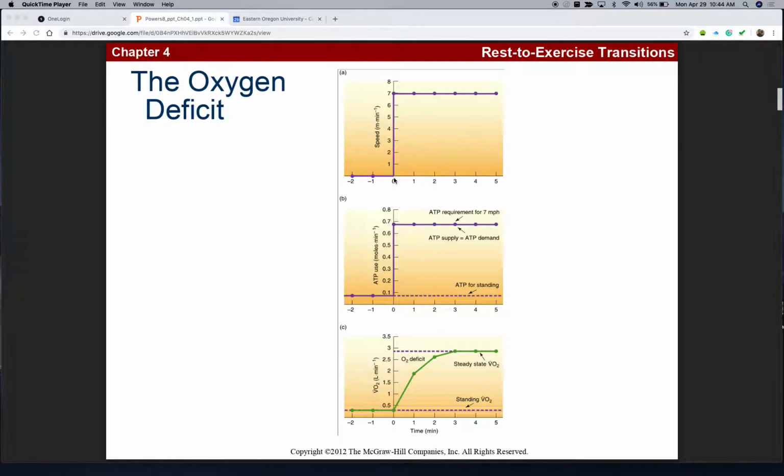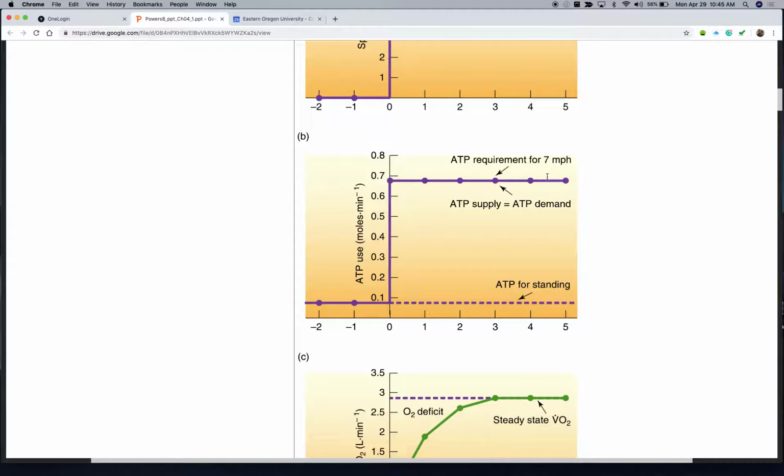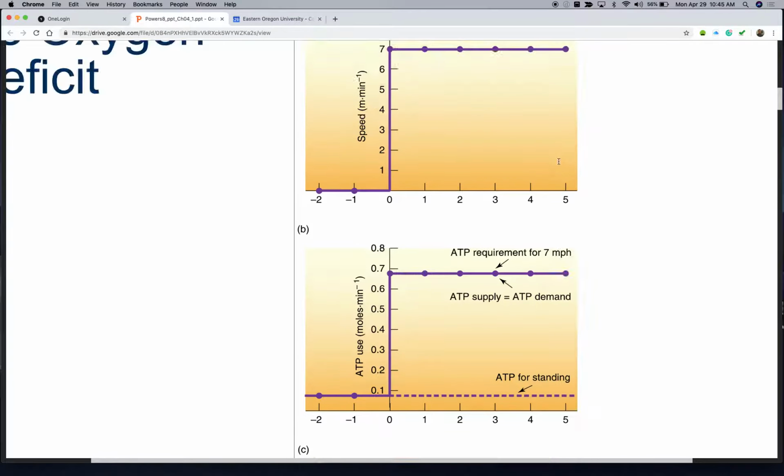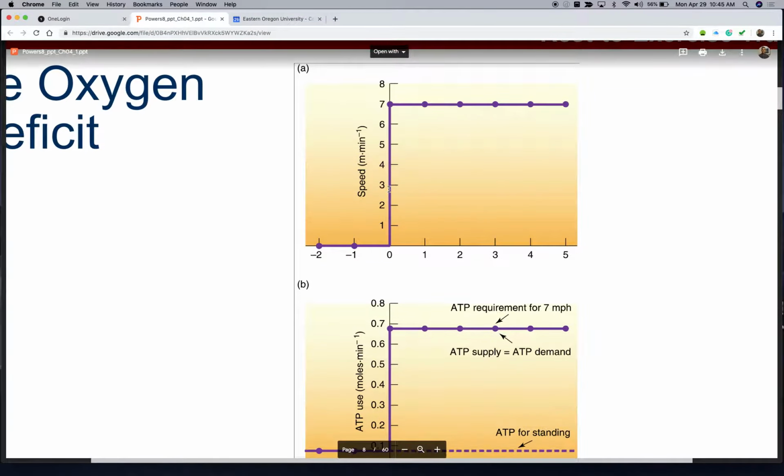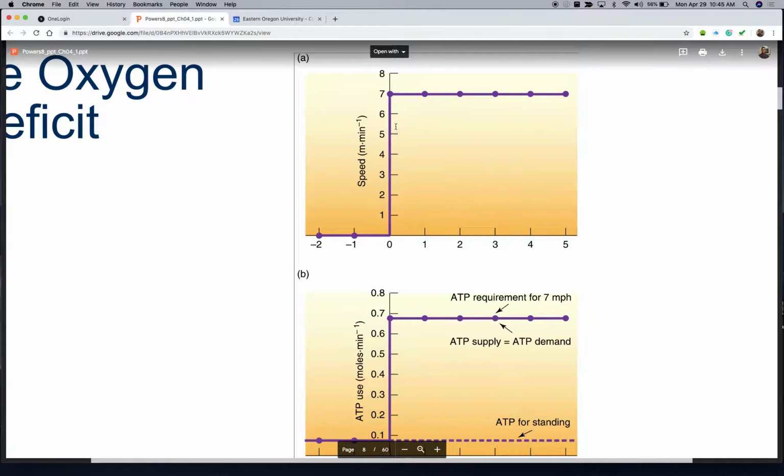This is the ATP requirement to meet the demand for, this should say 7 meters per minute, because there's a bunch of these small mistakes in this book. Anyways, I go immediately from doing nothing to now doing 7 miles per hour, 7 meters per minute, whatever they're saying here, right?